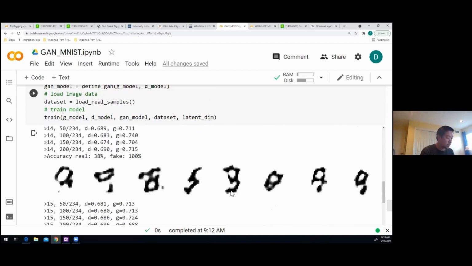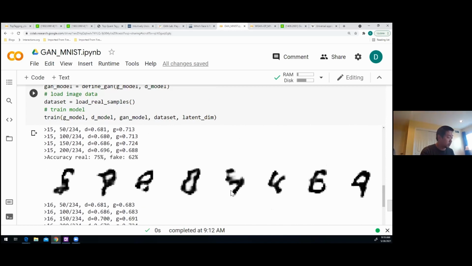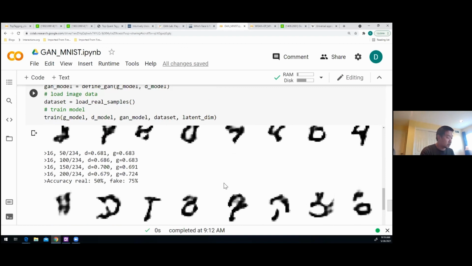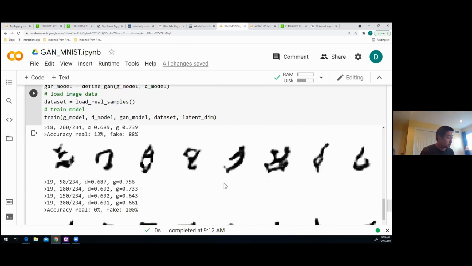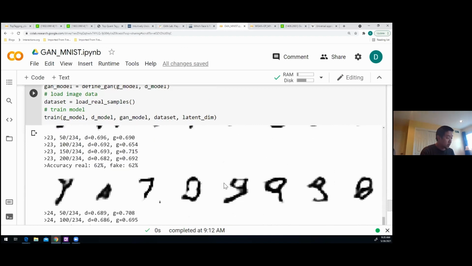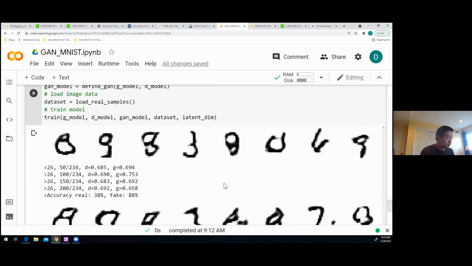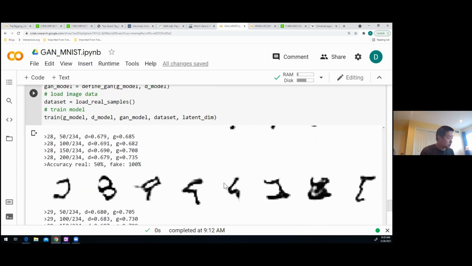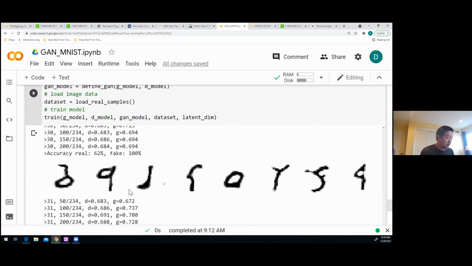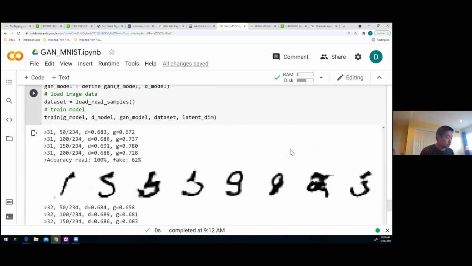So this is the GAN trying to learn how to fool the discriminator. So we see some 8s emerge. And so after 30 epochs, maybe we get some 7s, but a lot of them are quite bad, right? 9s, 0s, but lots of garbage too, right?